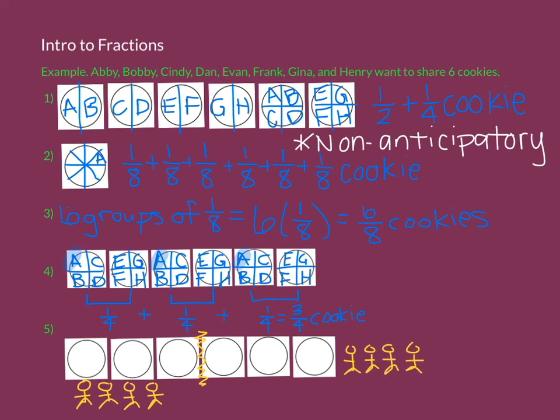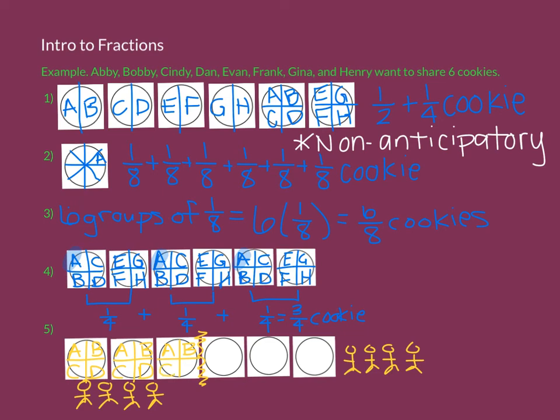So maybe they're going to put Abby, Bobby, Cindy, Dan over here, and then the remaining 4 people over here. Therefore, whatever they do to this group will automatically be duplicated on this side. So if they only have the first 4 people over here, they know they can split each cookie into 4 equal parts, and they can split it so Abby, Bobby, Cindy, and Dan, and they can continue this process all the way through.